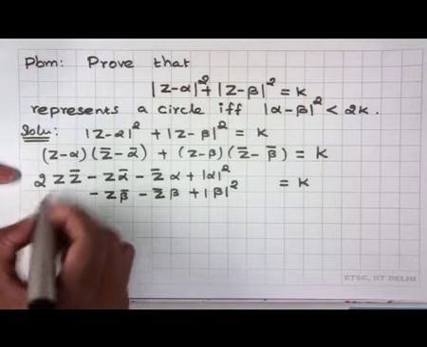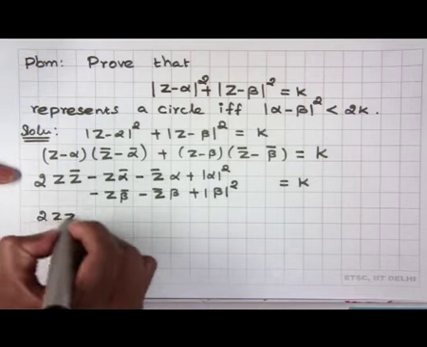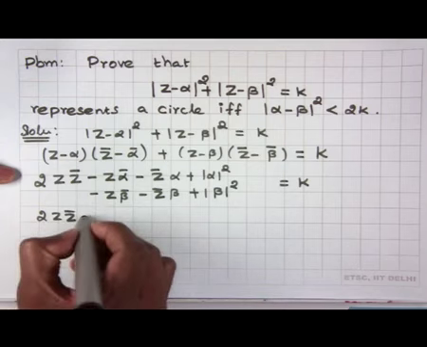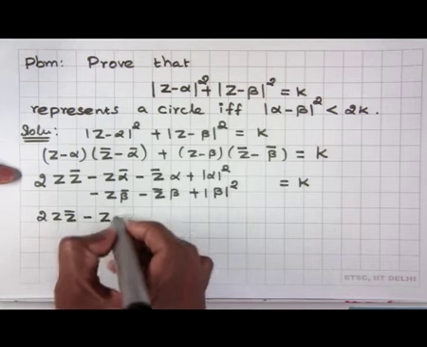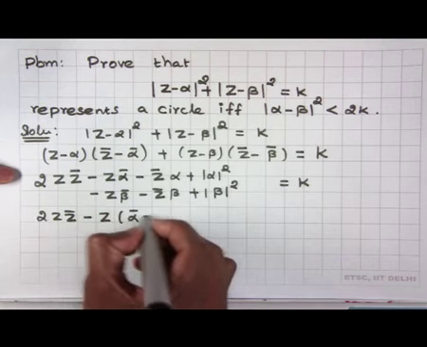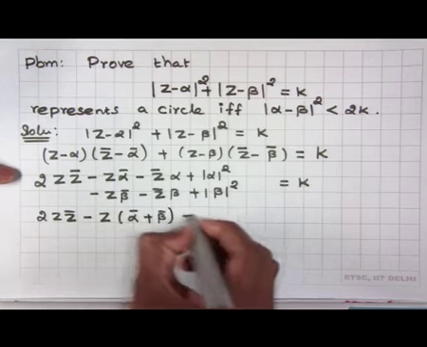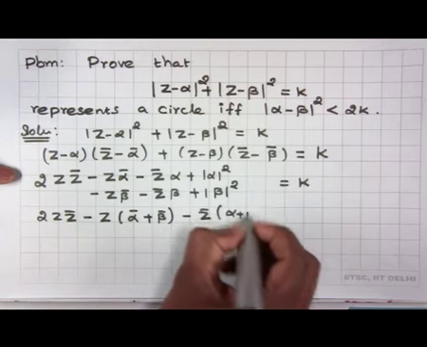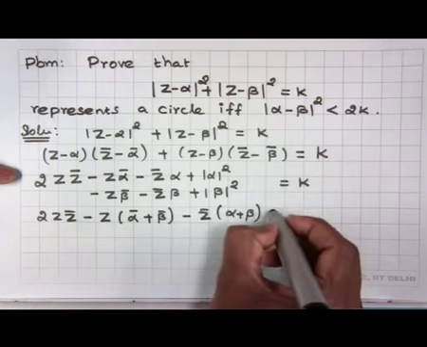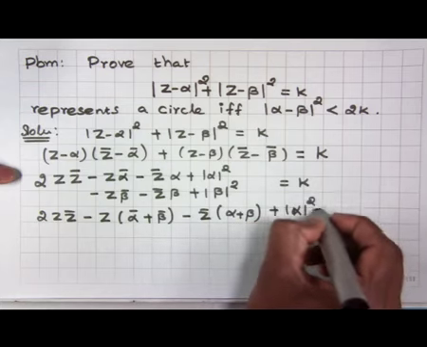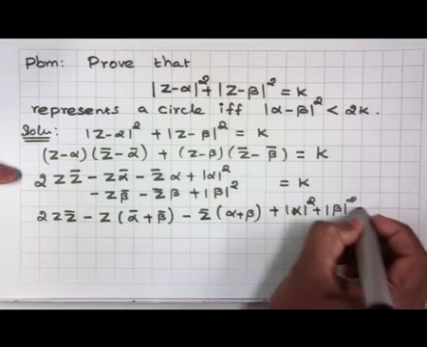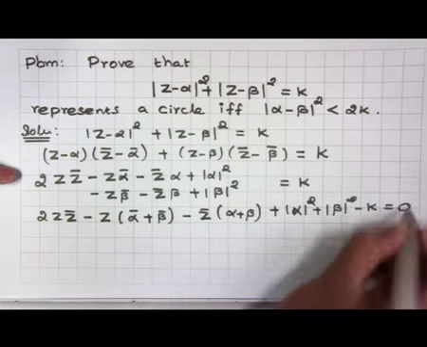And now we have z̄. Let us combine the coefficient of z, which is (ᾱ + β̄), and of z̄, which is (α + β), and collect all the constants: |α|² + |β|² − k equals 0.